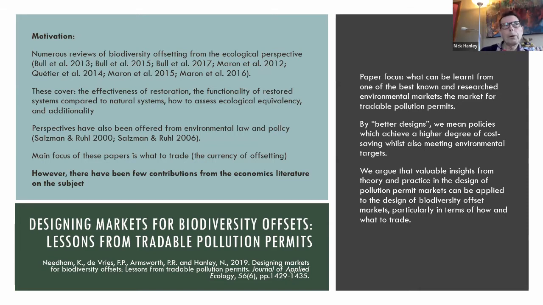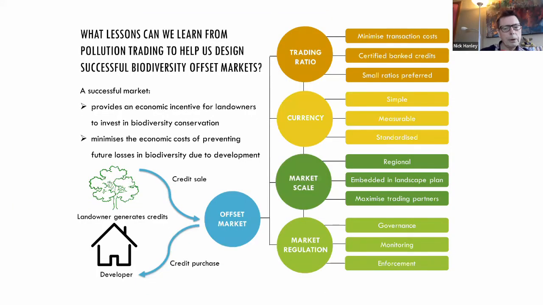And so in our first paper, we're asking the question, well, is there something you can learn from pollution markets that would help us design better a biodiversity offset market? And in the paper, we end up identifying 4 aspects of market design, which we think seem to be important if we think about pollution permits.